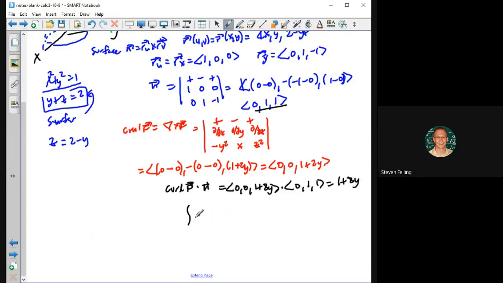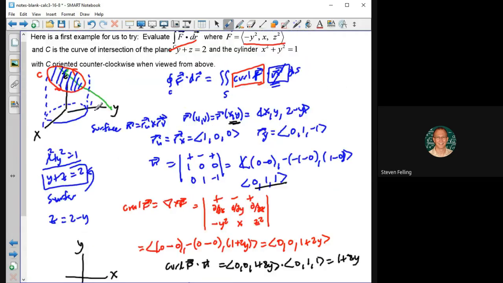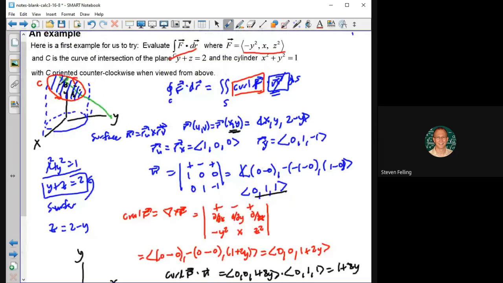Okay, so that means we have to do a double integral of 1 plus 2y over some area, and that area has to cover the parameterization, so xy, for the surface. So to cover all these points on the surface up here, we're going to have to take the points inside the circle down here, which is a circle of radius one.